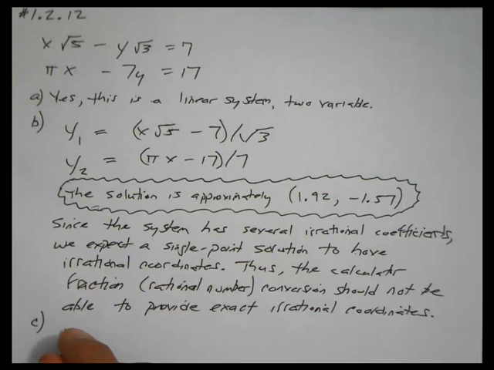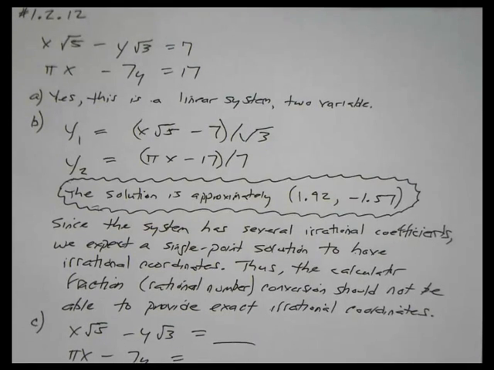In the first equation's case, the left-hand side is x square root of 5 minus y square root of 3. We'll see what that turns out to be on the calculator. And then the second equation, its left-hand side is pi x minus 7y. Let's see what that becomes when computed on the calculator.